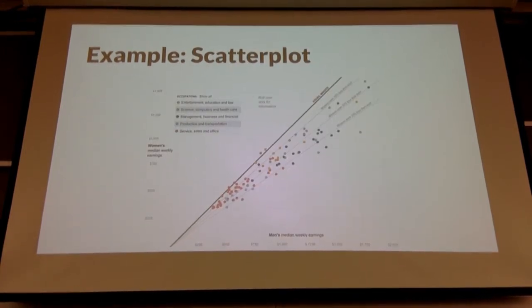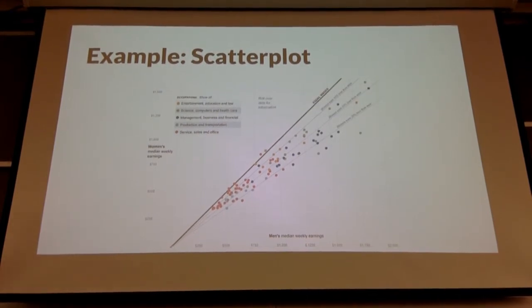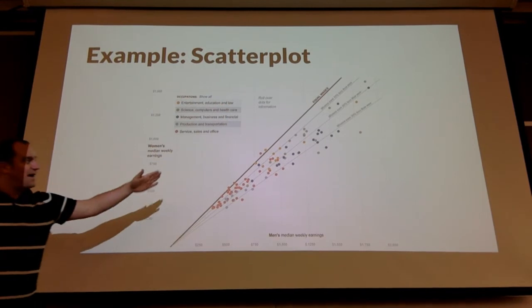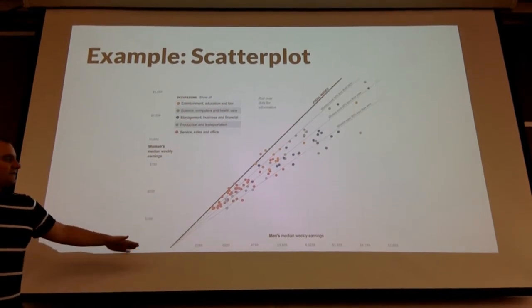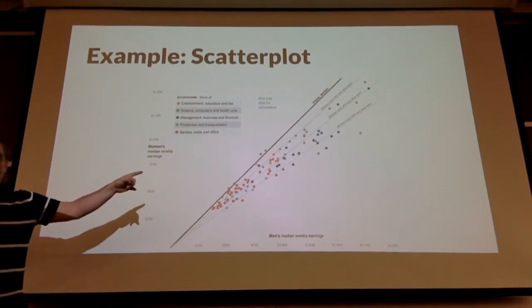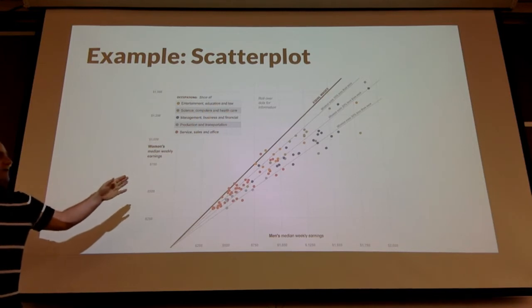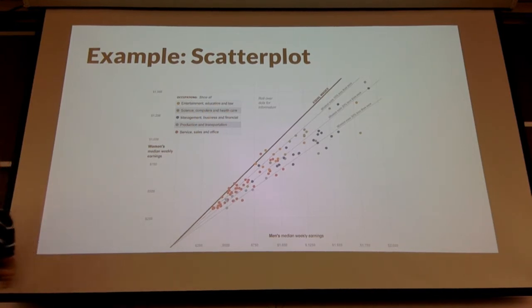Here is the classical example. It's a scatter plot. This is also from the New York Times, women's versus men's median weekly earnings. This would be the line of equal wages, and you can see that women only make more than men in one to three jobs, and in most other jobs, women make less.